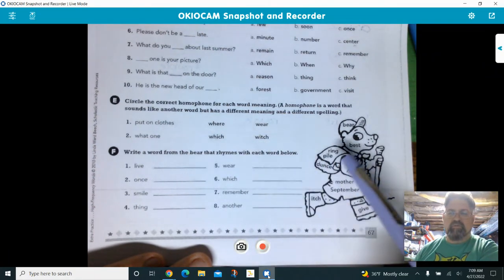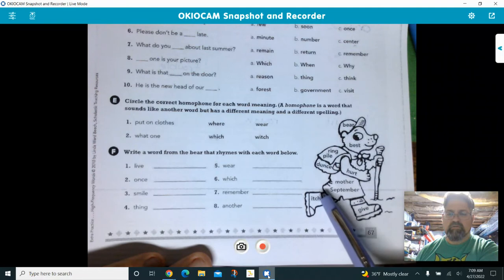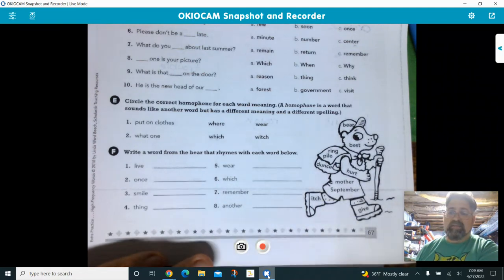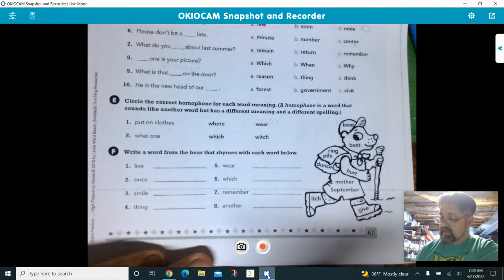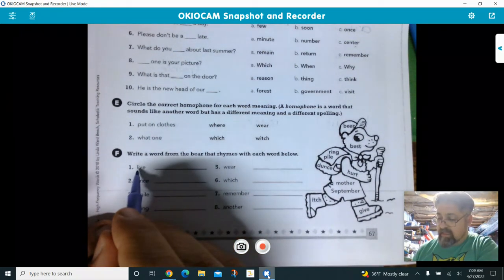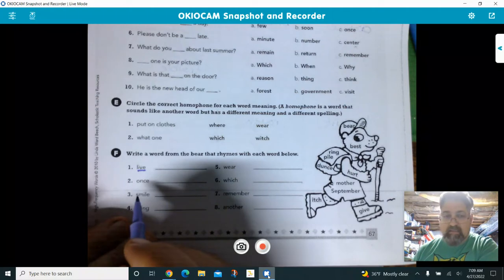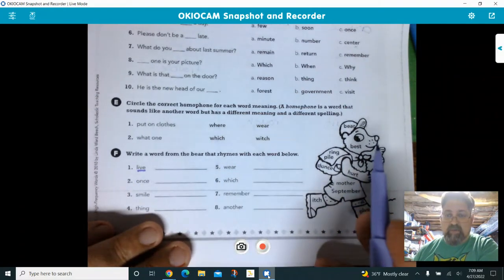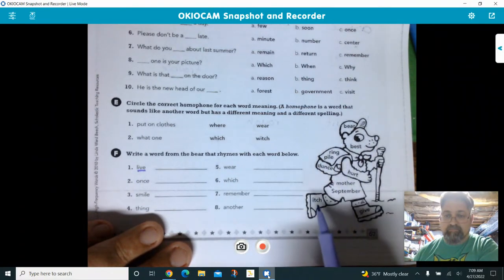Live rhymes with which one of these words? A lot of times, maybe not every time, if you find the word that has the same ending, it will match up and they will rhyme.